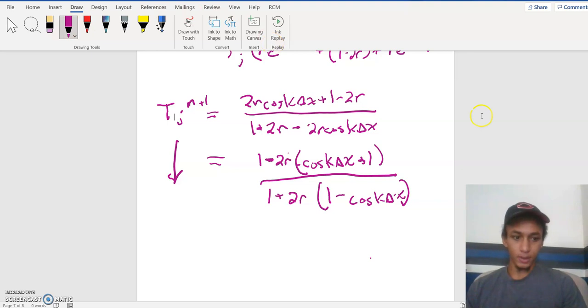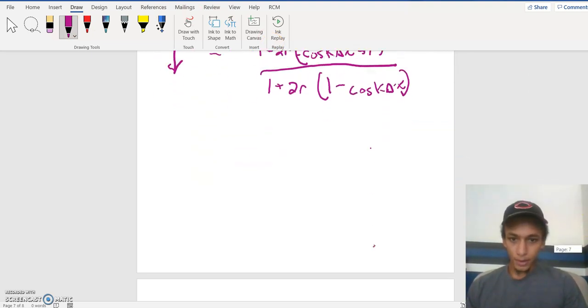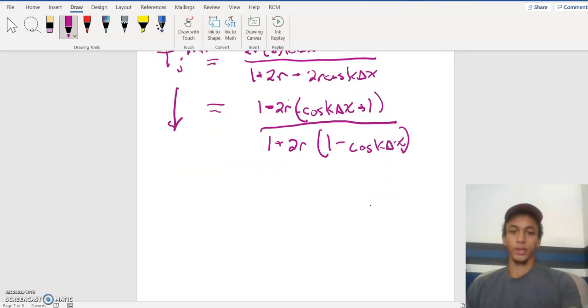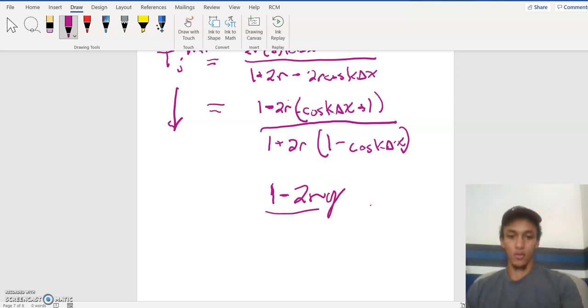So we did that. So let me scroll down here. So we have this equation. We can simplify this now. We can say this is 1 minus 2r, and whatever's in here is a variable, so y over 1 plus 2r y.